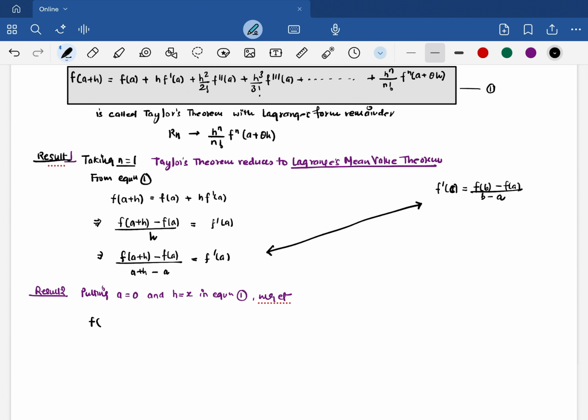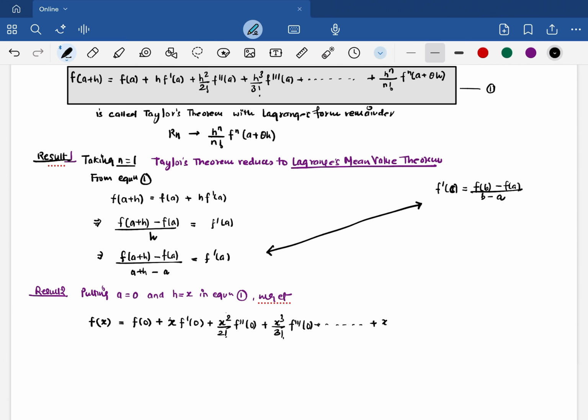We'll get f of x is equal to f of 0 plus x f dash 0 plus x square upon 2 factorial f double dash 0 and x cube upon 3 factorial f triple dash 0 and so on.